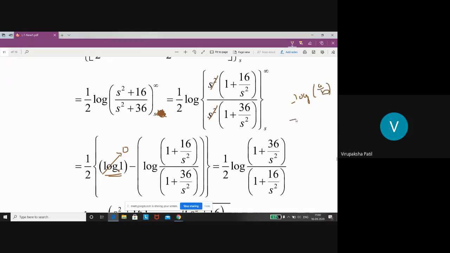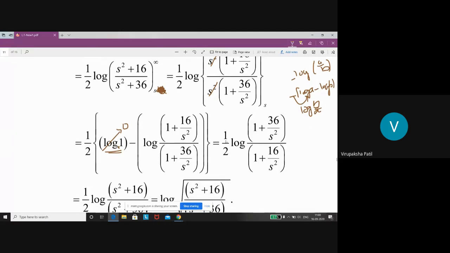How are you going to write it? Minus you keep as it is, and you write this as log a minus log b. So if you take this inside the bracket, this becomes minus and this becomes plus. Using the property again, you will get log b by a.